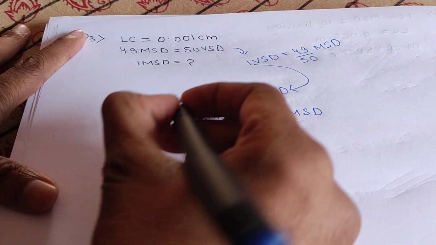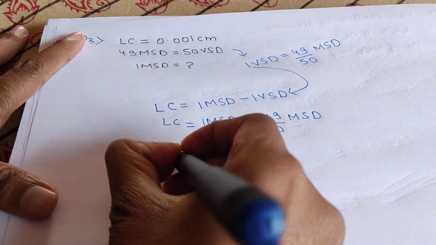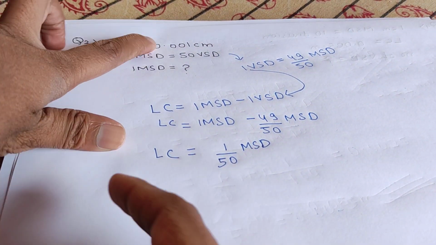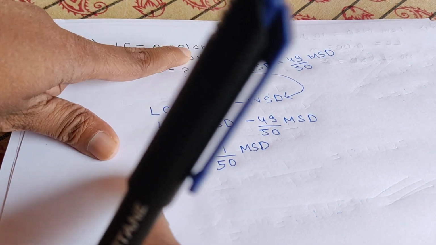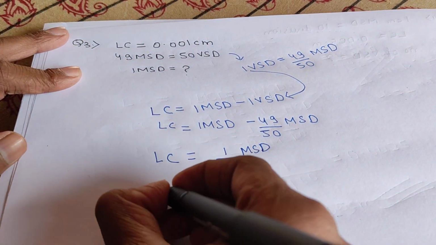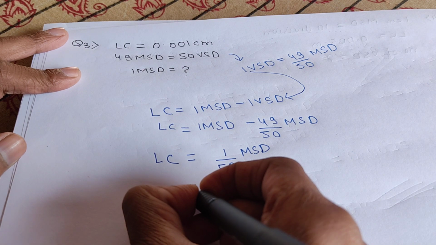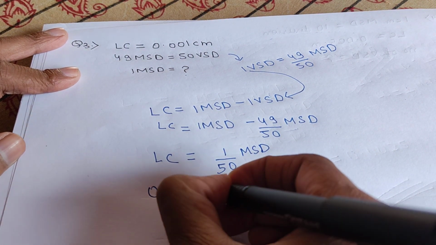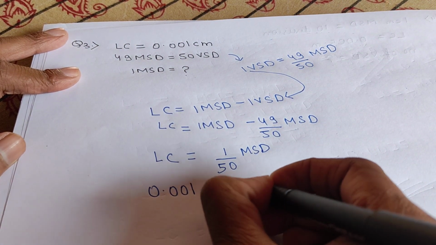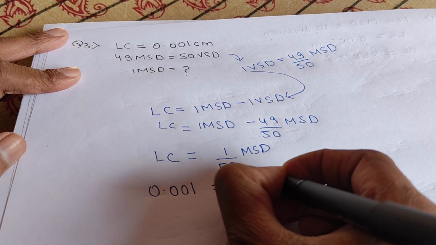This is the least count, and here the least count is given as 0.001 centimeter. So 0.001 is equal to 1 by 50 MSD.